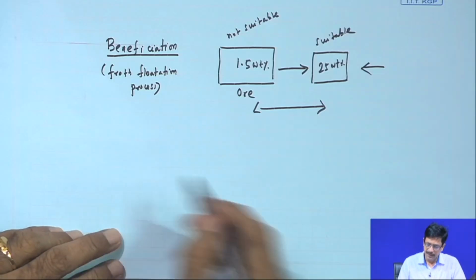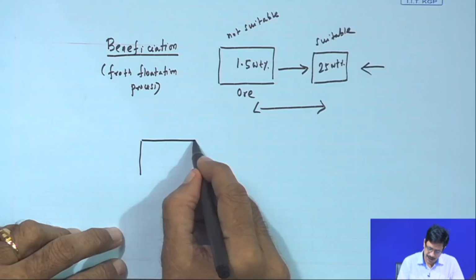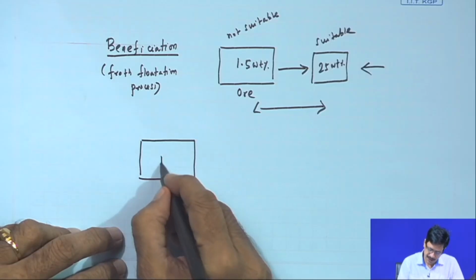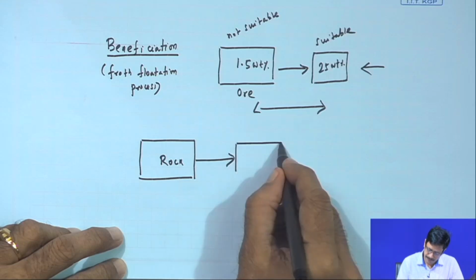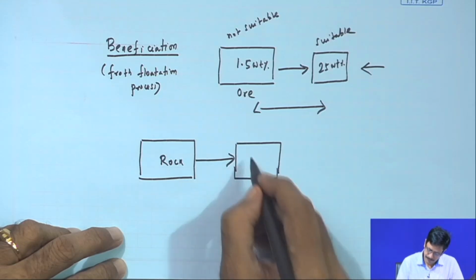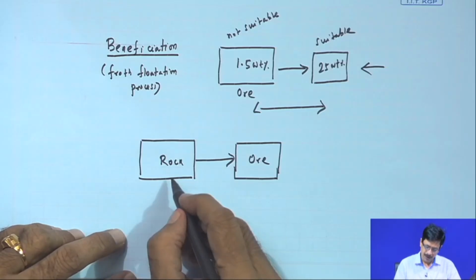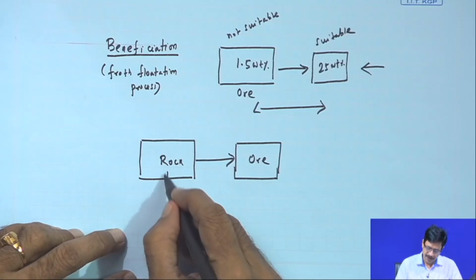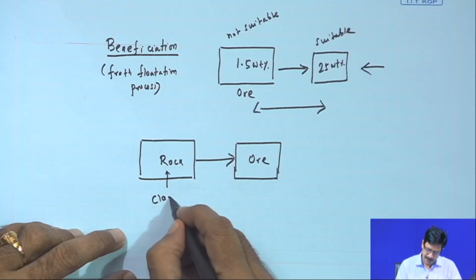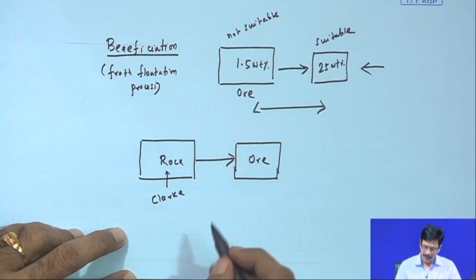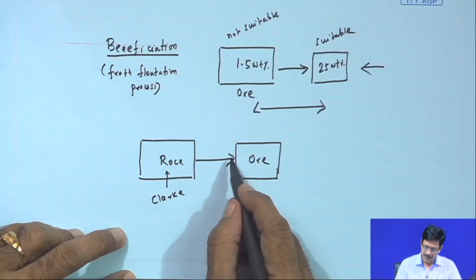Similarly, if we say that in nature essentially the process is actually rock to ore, the way we have defined the rock, where the concentration of the metal is somewhere near the threshold, the Clarke, then this particular rock has to be enriched to form the ore.